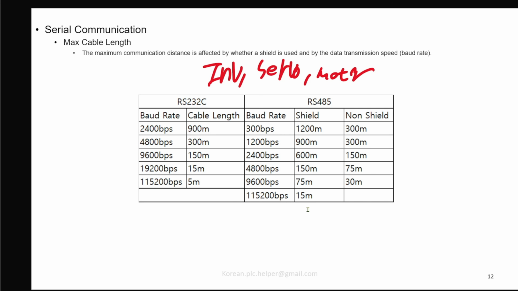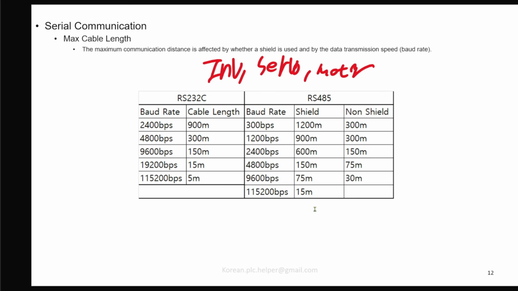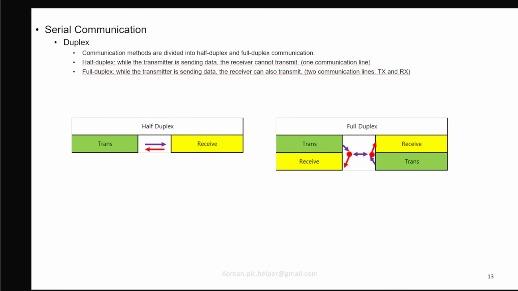Okay, now let's move on to the next slide. Next, I will explain duplex communication. First, let's look at half duplex communication. In half duplex communication, transmission and reception use the same communication channel, only one channel.